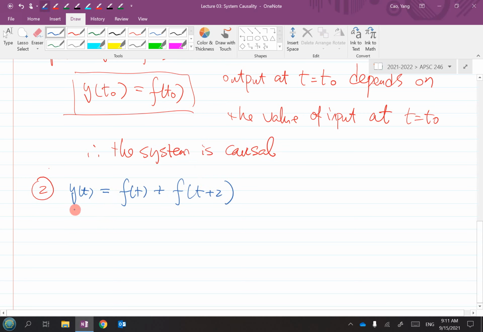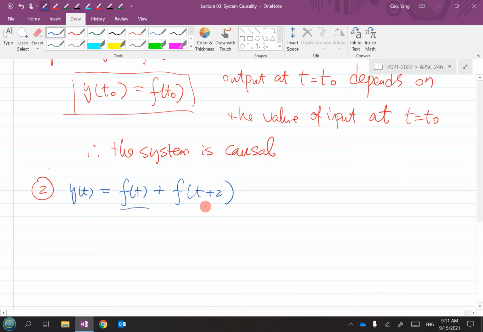The output equals the original input, plus a shifted version of the input, plus 2. If you go to this week's tutorial, you will see the review, right? Plus 2 is shifted to which side, the left or right? The left, right? Good.